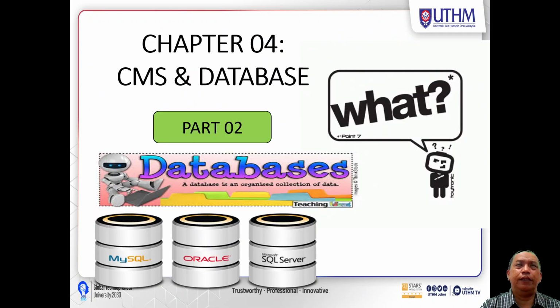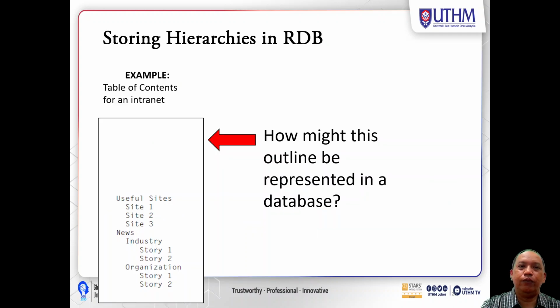Part 2 is not that technical, but it is another way of managing data inside your database for the CMS. We're going to discuss most of the things related to hierarchy in RDB.